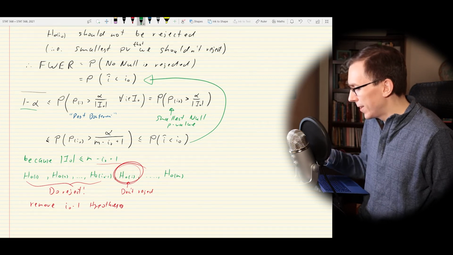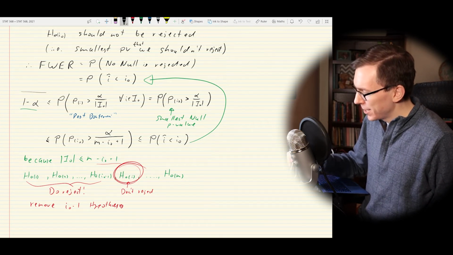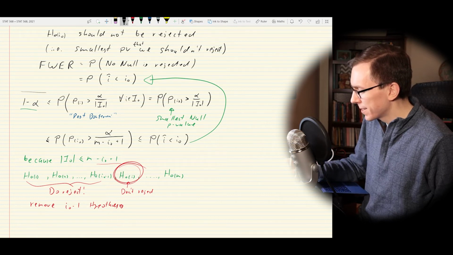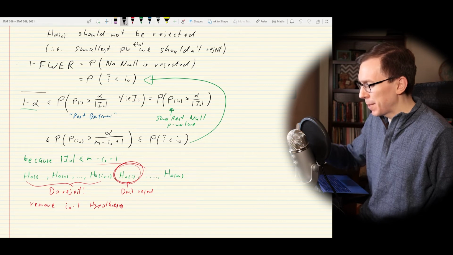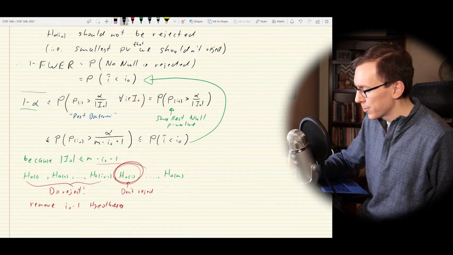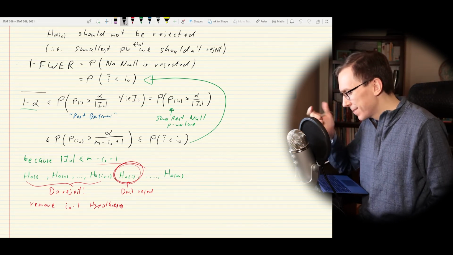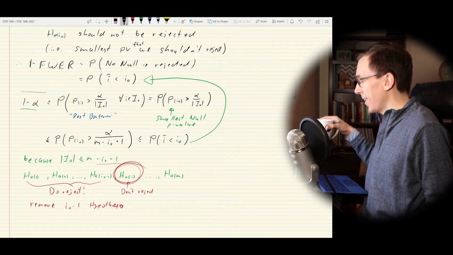Oh, sorry, that's what I did wrong. It's 1 minus the family-wise error rate that is the probability that no null is rejected. The family-wise error rate is the probability of at least one false rejection, so I had that flipped. All right.